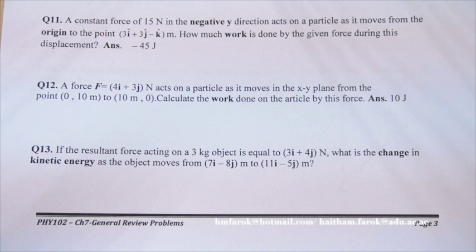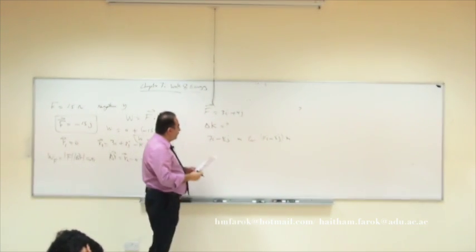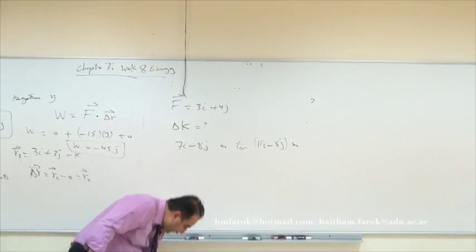What is the change in kinetic energy? Find delta K. As the object moves from 7I minus 8J meters to 11I minus 5J meters. That's, yeah? So what is the change in kinetic energy?